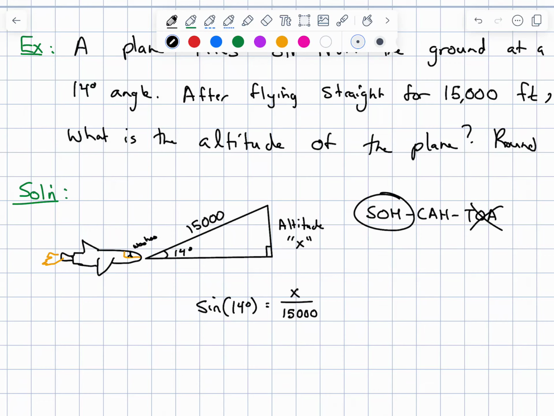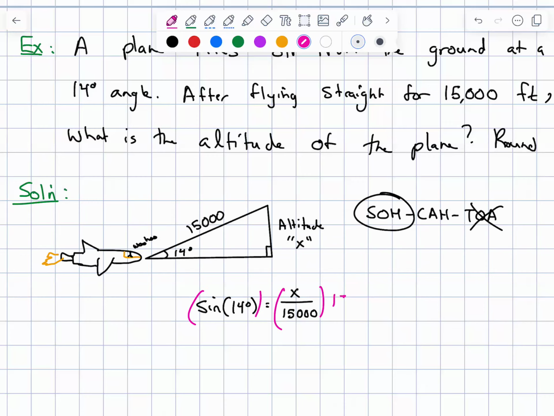At which point, we can now solve this however you want to. I'm going to do it the way that I like to, but remember, you can always write sine of 14 degrees as a decimal approximation first.